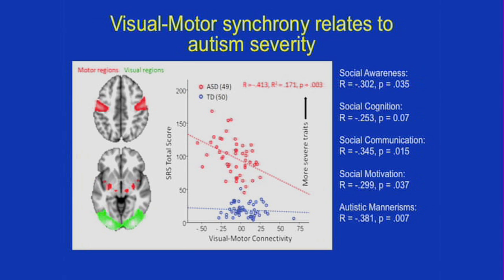And when we look at the individual scales, we see this pretty ubiquitous association. It was not driven by one particular aspect. We see at least a trend level association with all of these subscales, all contributing to the overall association.